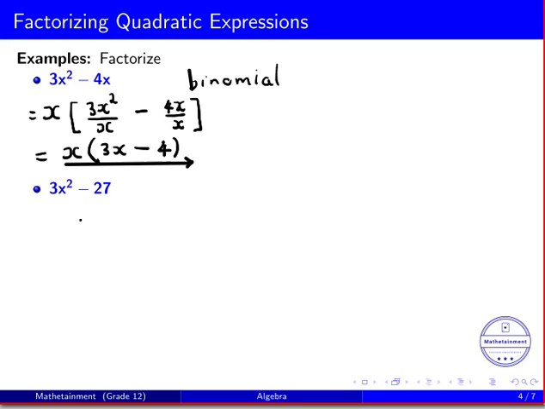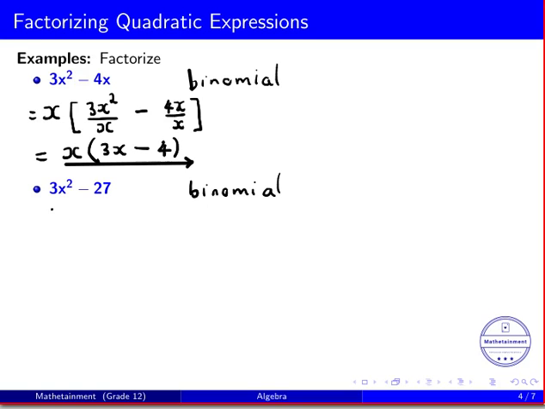Let's look at the second one. The second one is 3x squared minus 27. How many terms are there? I bet you know how many terms there are. There are 2 terms again, and you still have what we call a binomial. Hence, we are going to employ the common factor again.